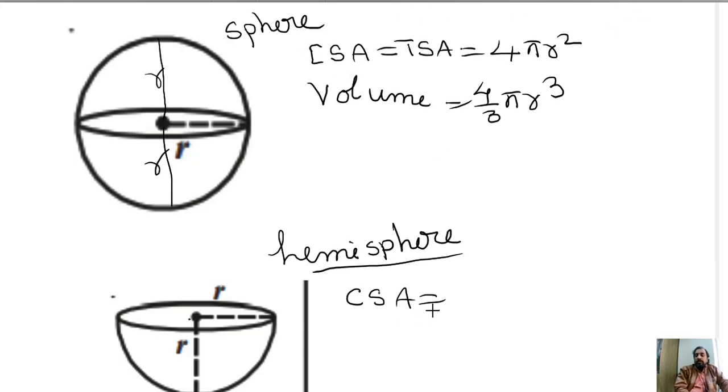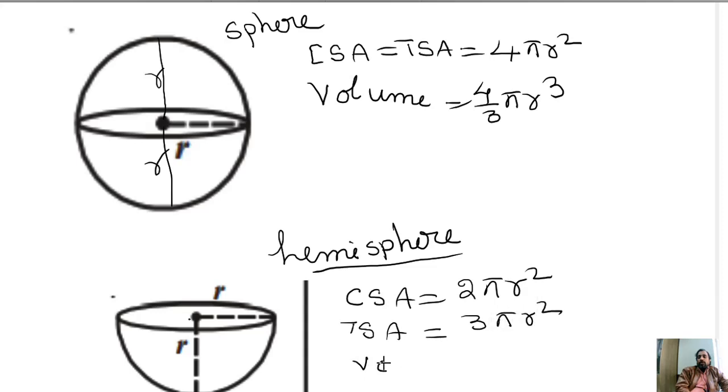CSA is equal to 2 pi r square, whereas for the sphere it is 4 pi r square. TSA is CSA plus 1 base, that is 3 pi r square. Now volume is half the volume of the sphere, 4 by 3 pi r cube, that is 2 by 3 pi r cube.